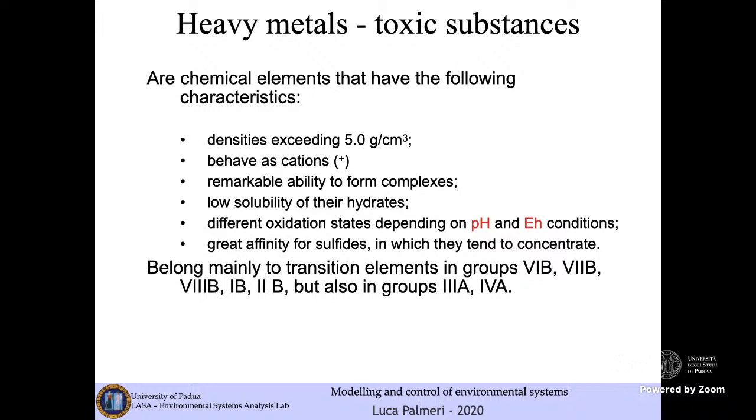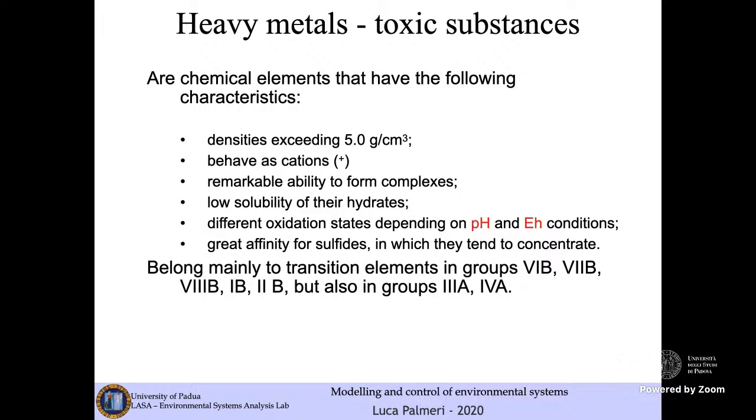They have a remarkable ability to form complexes, and the low solubility of their hydrates is also a peculiar characteristic of these heavy metals. Heavy metals display very different oxidation states depending on pH and Eh conditions or alkalinity conditions, and they also have a great chemical affinity for sulfides, in which they tend to concentrate.